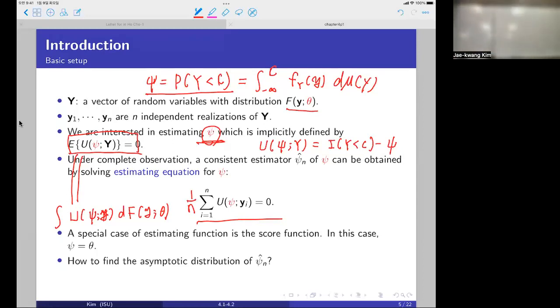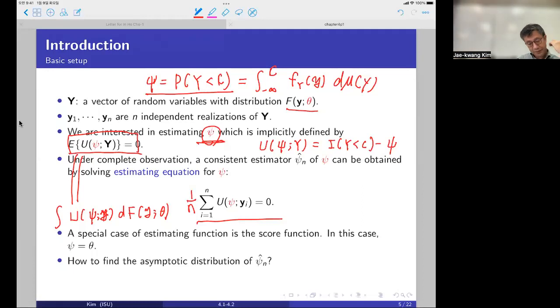This is a sample version of the expectation of the estimating function. And so this is a more general class of estimating a parameter.